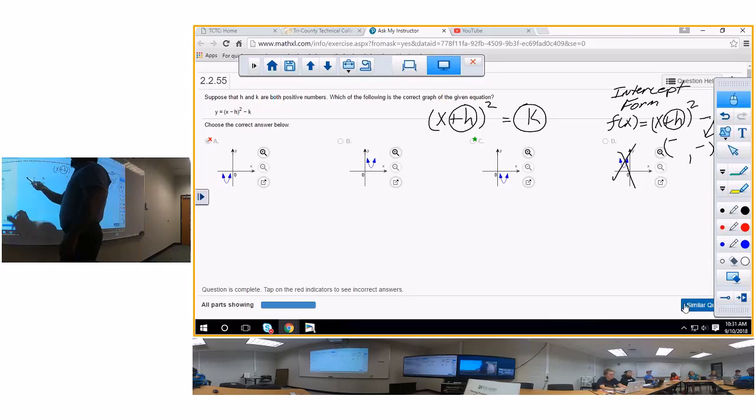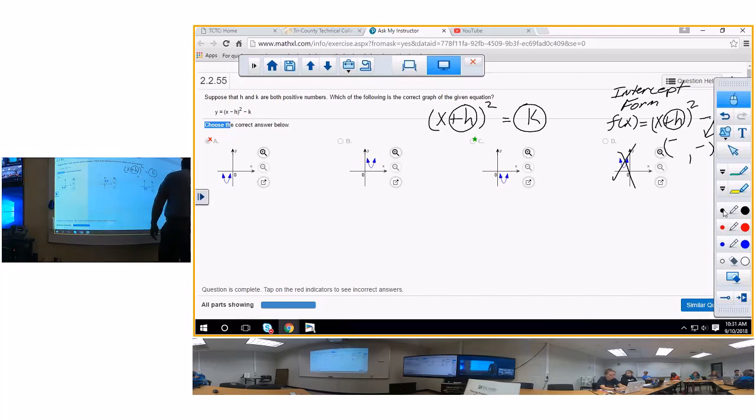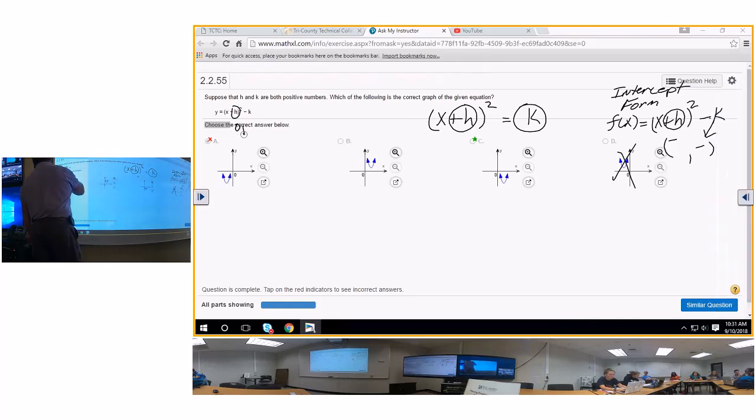Take the opposite. This is exactly why I don't teach this method. Take the opposite of this and just bring this down, because it's in the intercept form. So what's the opposite of positive h? Negative. And bring the k, the negative, down, so it's going to be negative, negative. Okay? I'm sorry.